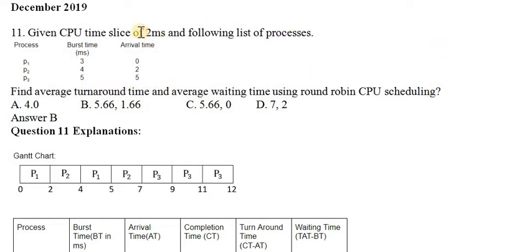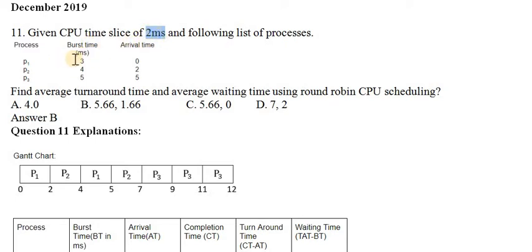So what is the specialty of this round robin CPU scheduling algorithm? Whatever process comes has to do its work with the resources within some stipulated, limited time. Suppose we have set the slice as 2 millisecond, then it will do the P1 job only for 2 millisecond.